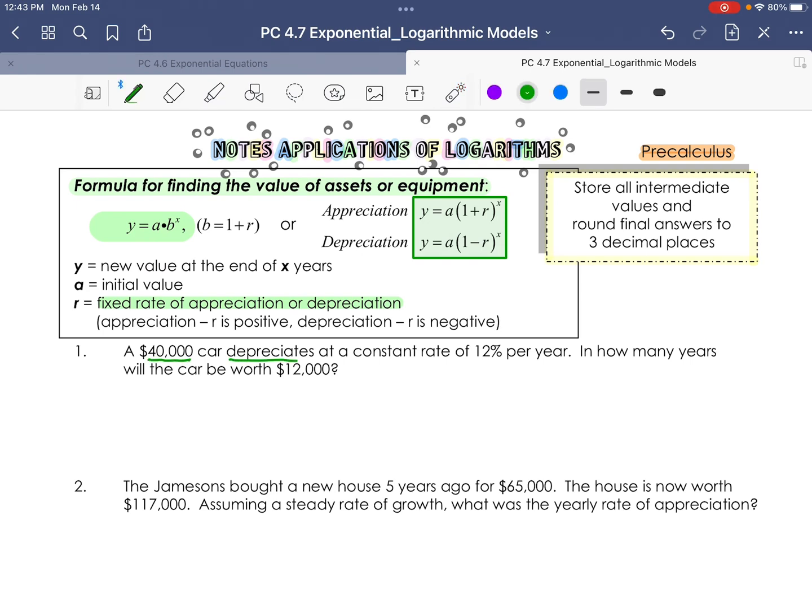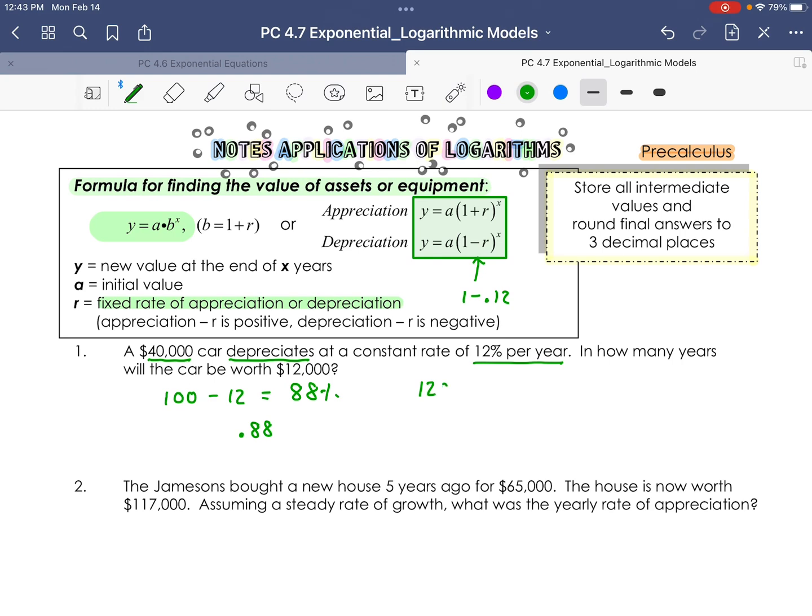Okay, so I'll show you. A $40,000 car depreciates at a constant rate of 12% per year. So in IM1, you just said, oh, depreciating, we do 100 minus 12, which is 88%. So remember, my multiplier was 0.88. Well, that will be given to you if you just plug in 1 minus 0.12. You can directly plug into that as well, just using the formula. So we want to know in how many years will the car be worth $12,000.